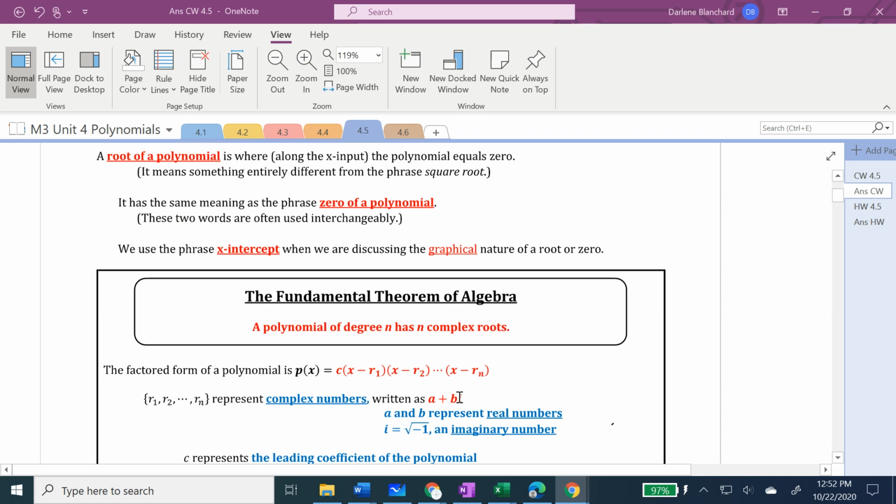And so anytime the number i comes with a 0, then that is something you are not going to be able to visually see on the graph, because you have to go into a 4-dimensional space to see it.